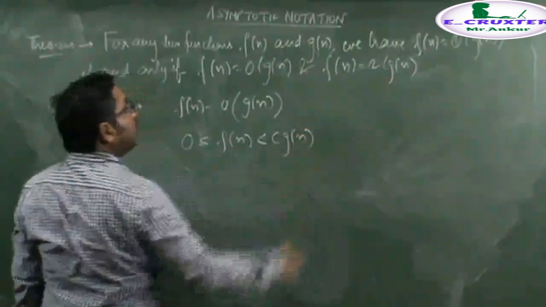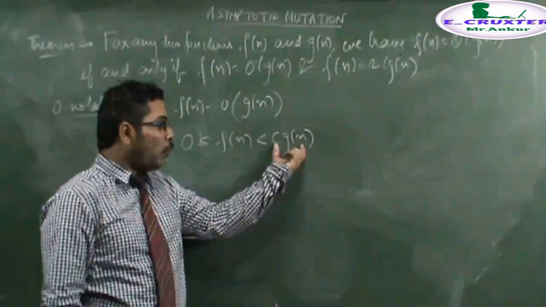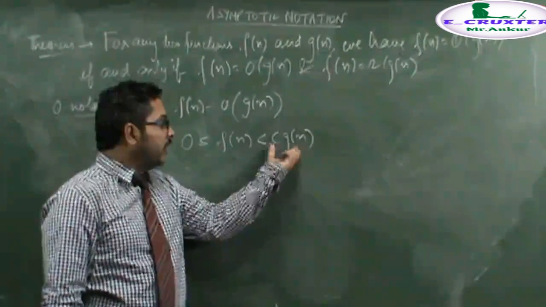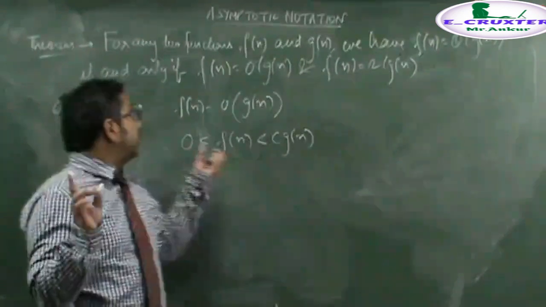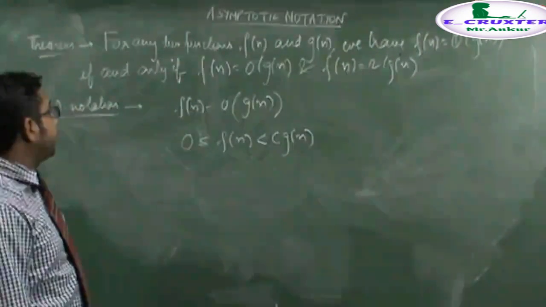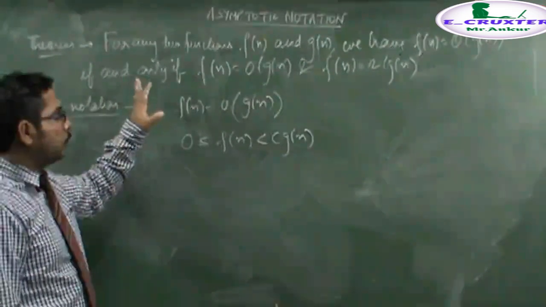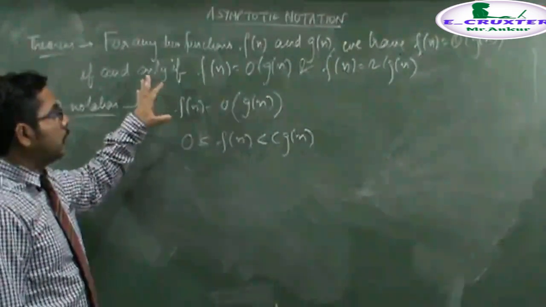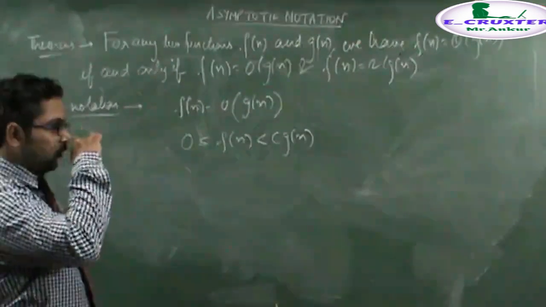That is, if we multiply the g(n) function with the constant c, then its result is always greater than f(n), not equal to. Then we say that small o notation acts as the asymptotically loose upper bound for the f(n) function.